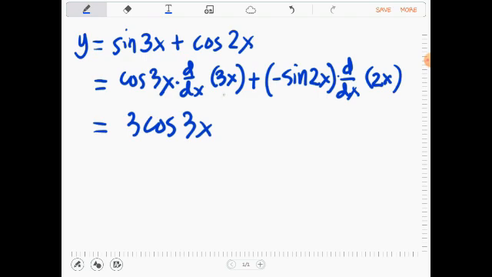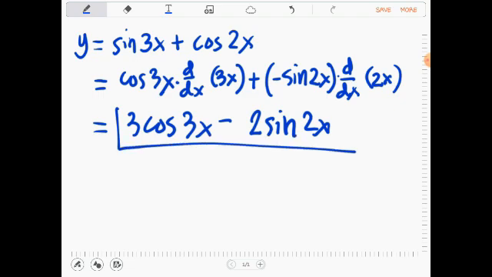Kasi itong derivative ng 3x ay 3, di ba? So, 3 cosine of 3x. Okay? Plus ba tayo? Minus na kasi may negative tayo dito. So, negative 2 sine of 2x. And that would be our answer.